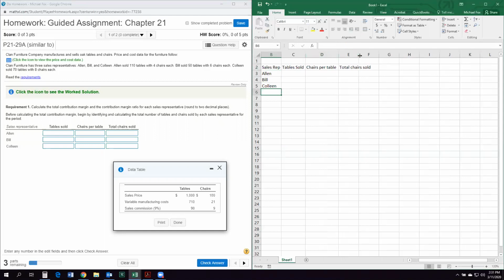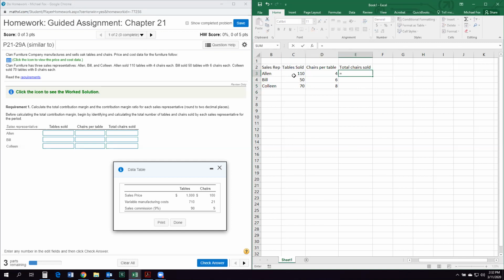This first part's pretty easy because we just have to take the info it gives us. Alan sold 110 tables and 4 chairs each. So 110 tables, 4 chairs per table. And then Bill sold 50 tables, 6 chairs per table. And Colleen sold 70 tables and 8 chairs per table. So to find my total chairs sold, I would just take the number of tables sold times the chairs per table.